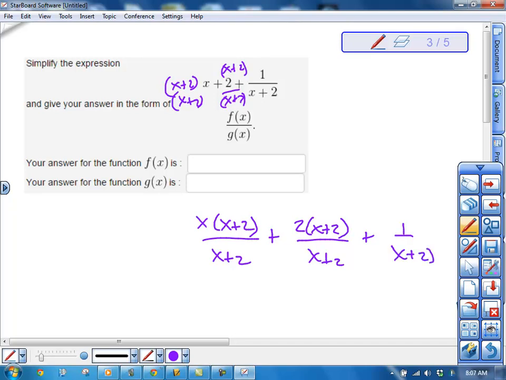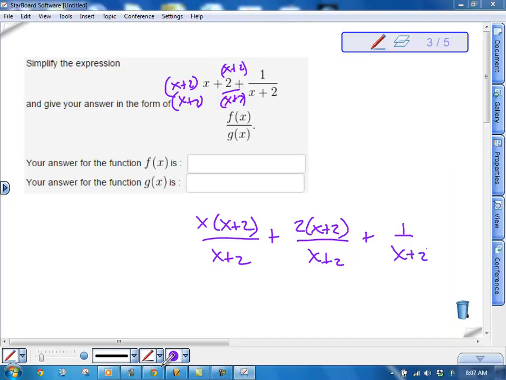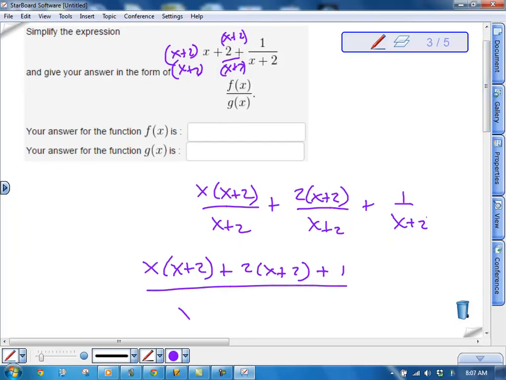So now I have a common denominator, and I can just go ahead and add the numerators and put it over that one denominator. So it's x times x plus 2, plus 2 times x plus 2, plus 1, all over the common denominator, x plus 2. So obviously the bottom function, we're just going to enter in x plus 2. That's going to be the bottom. The top, this right here. It might accept it if you enter it in like this, but we should simplify it probably.